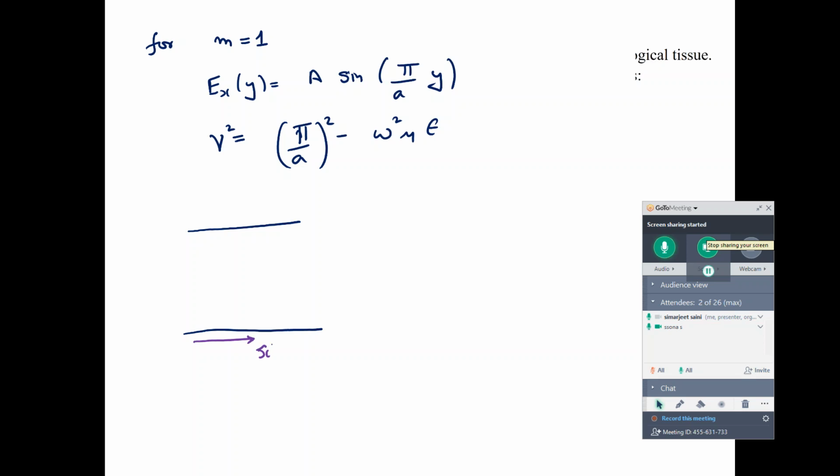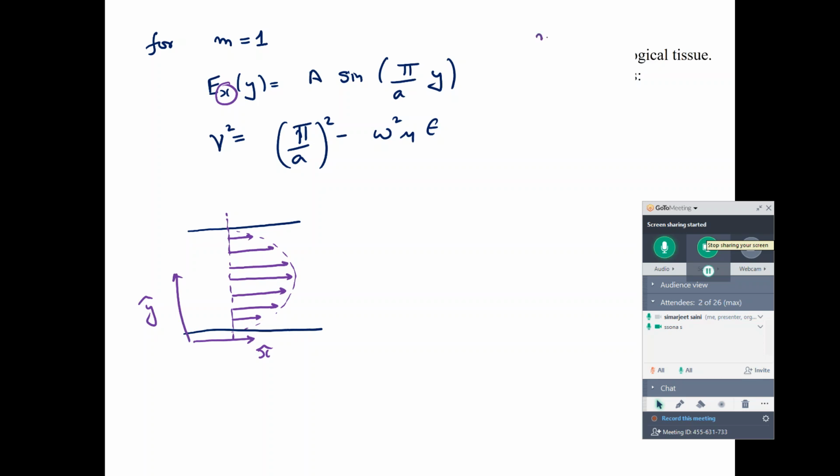Let's say this is the x direction, this is y. The electric field is pointing in the x direction, but its amplitude is varying in y, and it is going to vary as a sinusoid. So the electric field is going to point this way in the xy plane. It's not going to be uniform as we had seen in a TEM wave or plane wave. The amplitude is going to vary as a sinusoid.